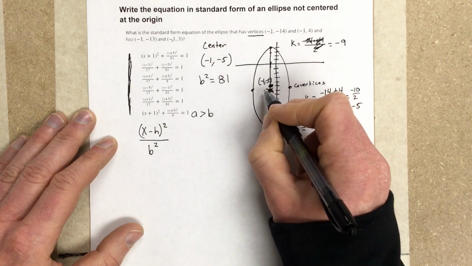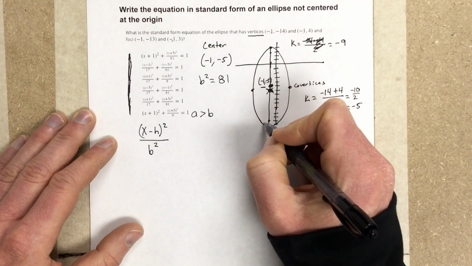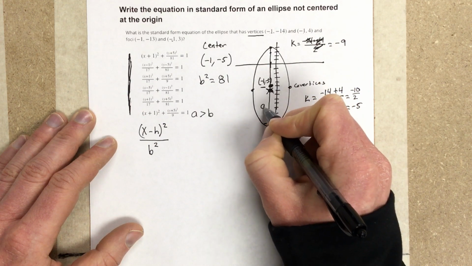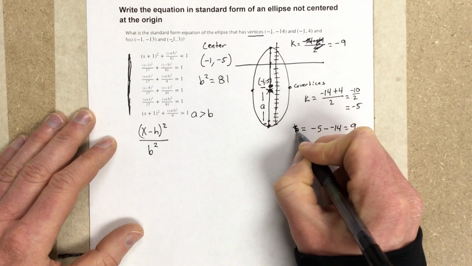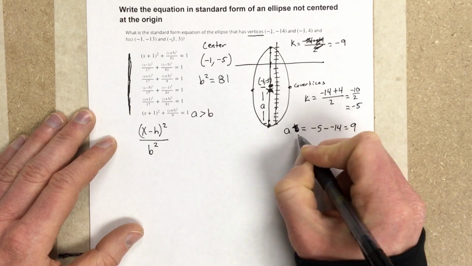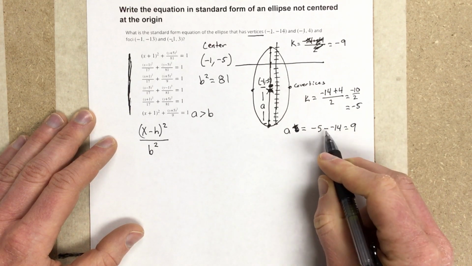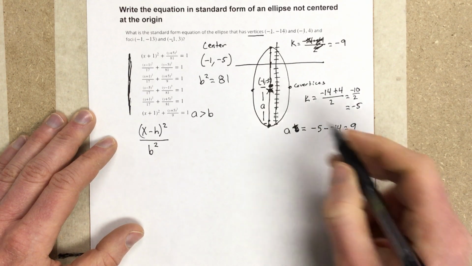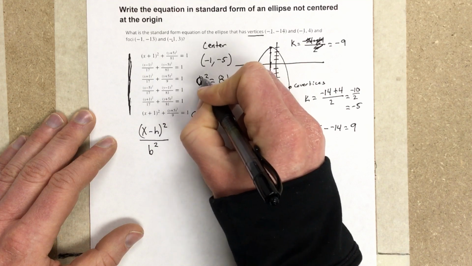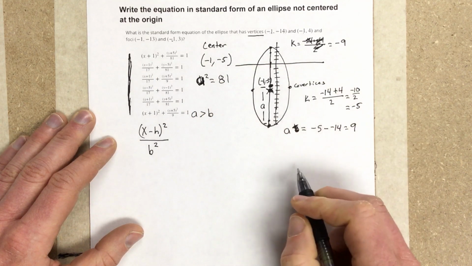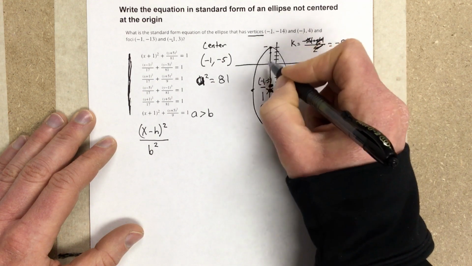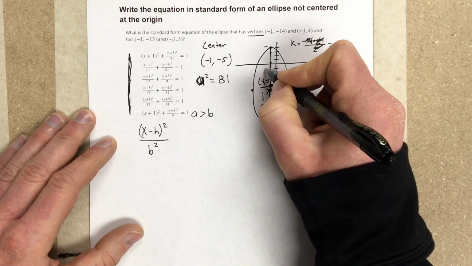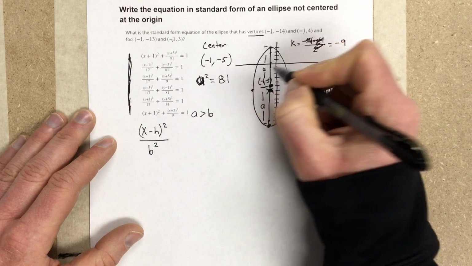Getting all this jacked up. On the major axis, from here to here, this would be a. So this should have been a equal to -5 minus -14, which is equal to 9. This should have been a squared, which is equal to 81. The distance from the endpoints of the major axis to the center is a.